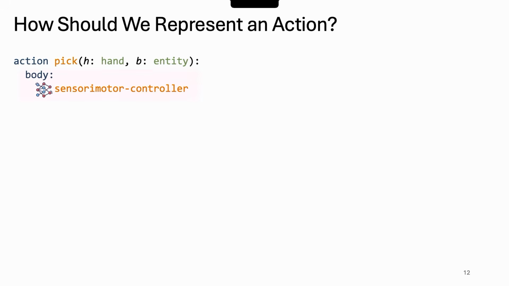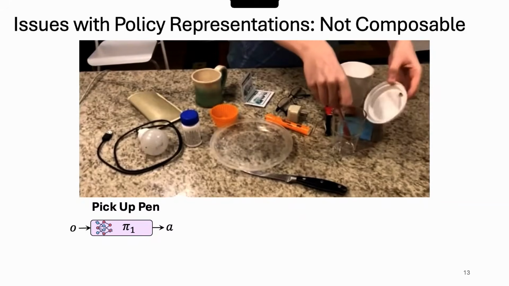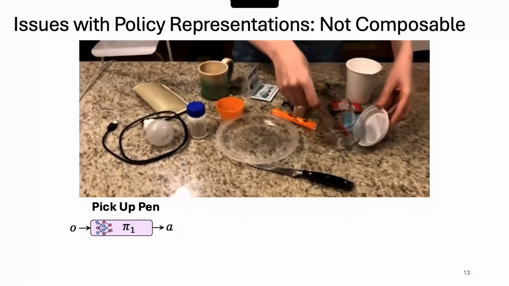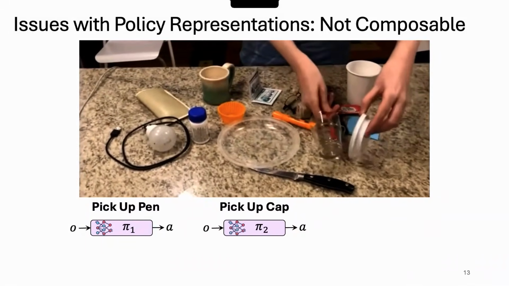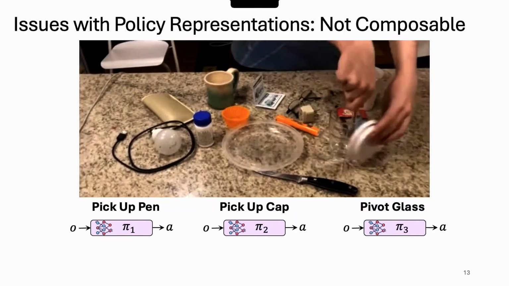But there's one limitation or issue with this kind of approach. If you look at this previous example of using two tools to pick up a third object on the table, you can say, okay, let me try to use 3 separate skills or actions to achieve this goal. The first one is pick up the pen, pick up the cap, and then pivot the glass, and then pick it up.